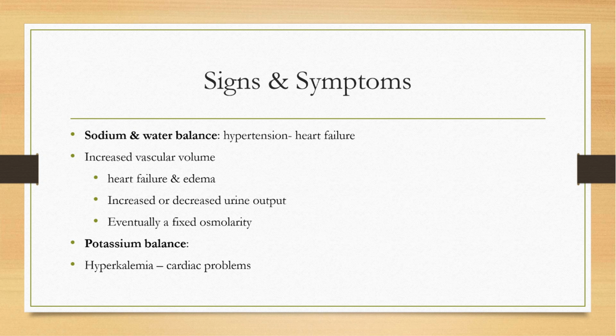Along with that, it causes cardiac problems, especially dysrhythmias. Dysrhythmias are abnormal EKG tracings. So someone who has hyperkalemia will have dysrhythmias, which are abnormal heart tracings, and also has an increased risk for sudden cardiac arrest because of the increase in potassium.